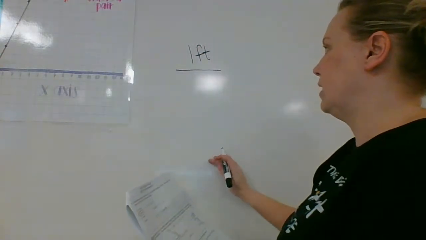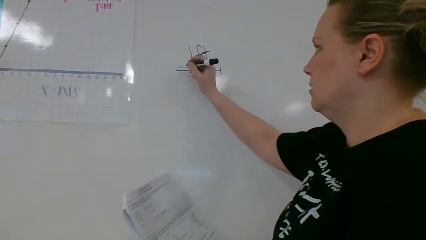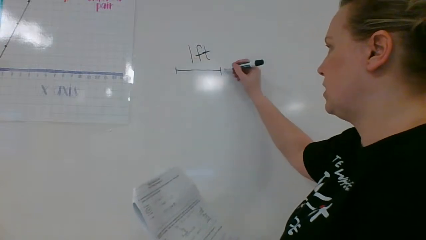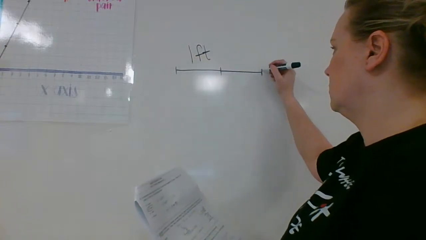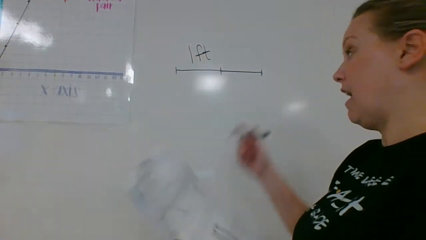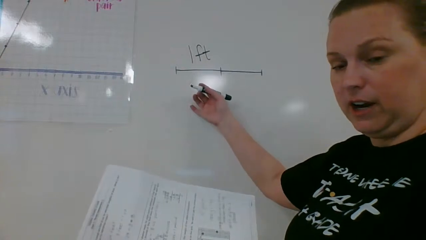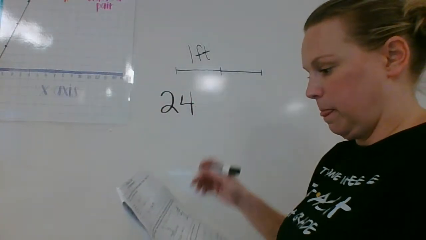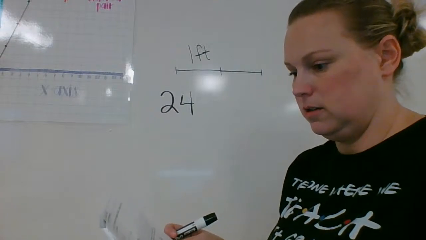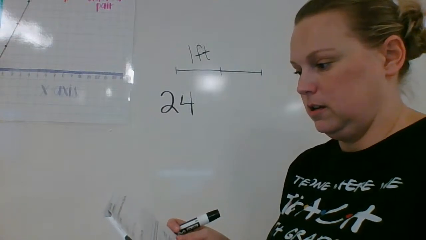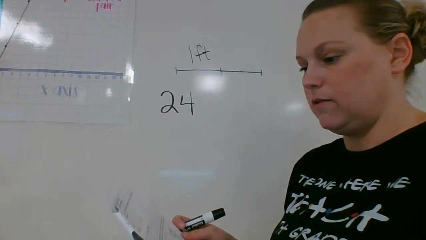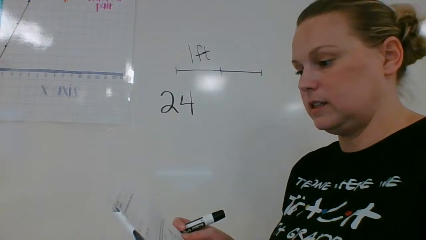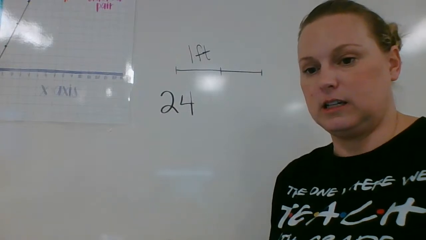So here's 1 foot, and I need to cut 24 of these. So I'll have 24 feet altogether, right? So there's 24 feet. What is the number of yards of lace the seamstress needs?